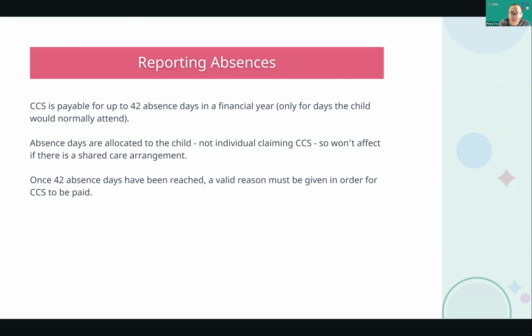You don't get 42 days with Martha, you don't get 42 days with Jacob, it's with the child. Okay, so it's in aggregate. The way that CCS measure that is based on the child's CRN. That's how they count total numbers of absences for a child. So absences are attached to the child, not specifically the parent that's claiming CCS on their behalf.